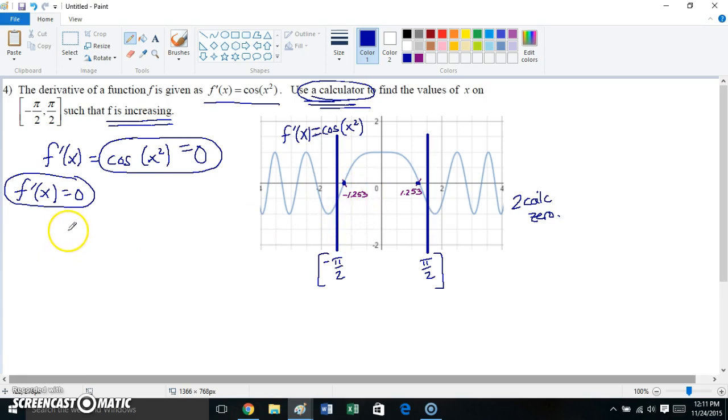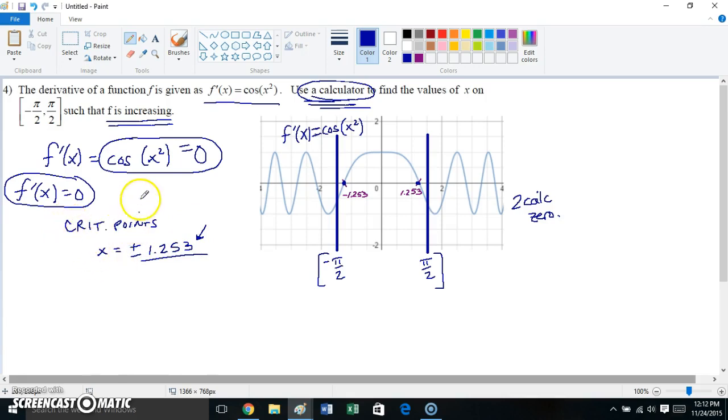So the answer to this question would be the critical points are at x is equal to positive or negative 1.253. List your answers with 3 decimal places always, and the third decimal place can be truncated or rounded.